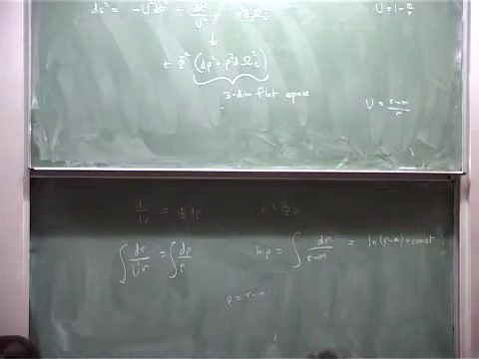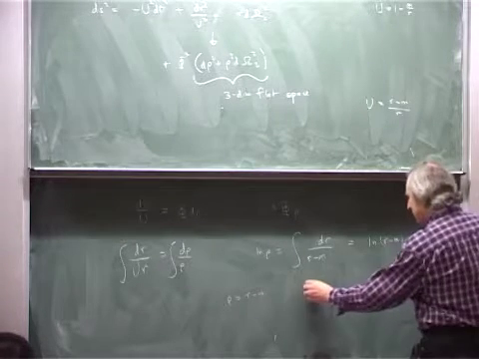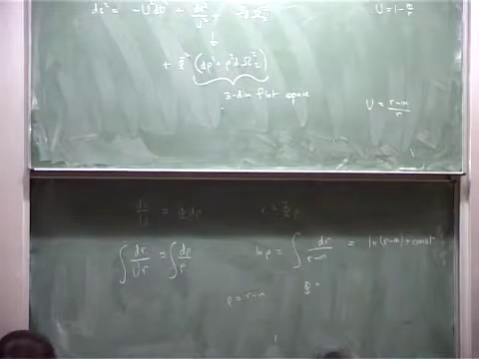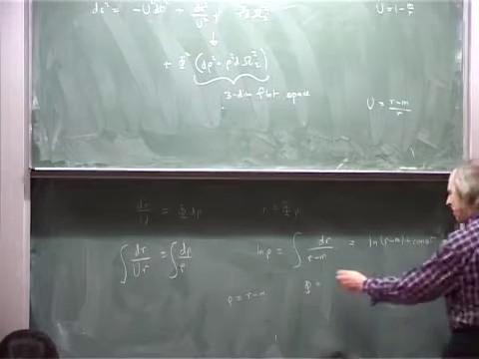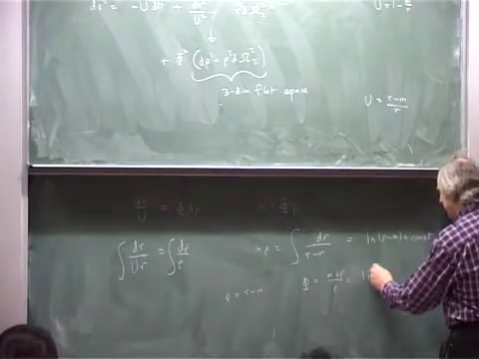What is phi? Well, phi is r over rho. r over rho is m plus rho over rho. So this is equal to 1 plus m over rho.